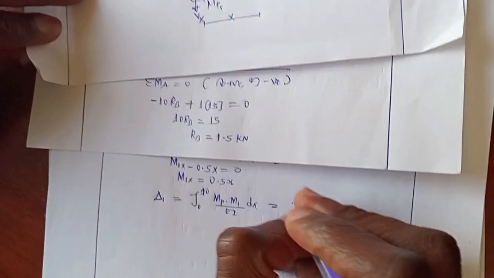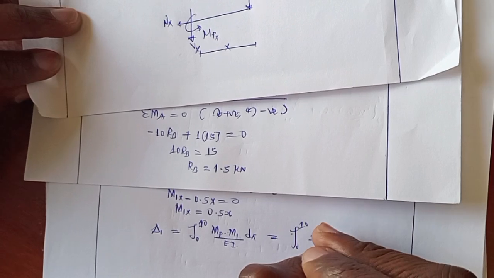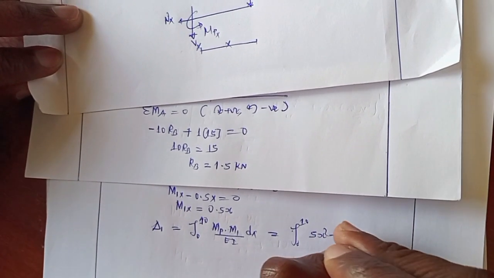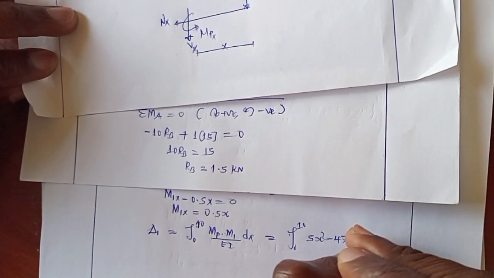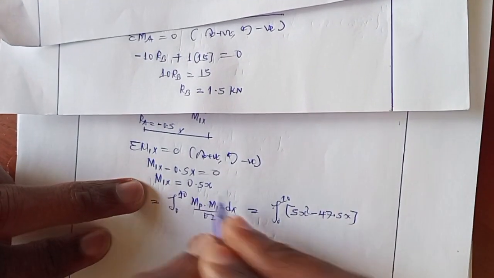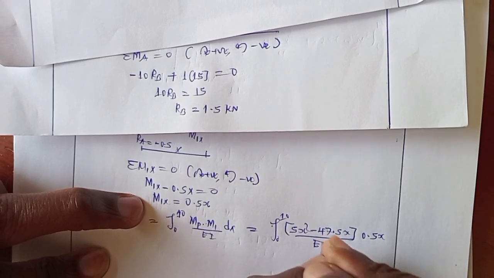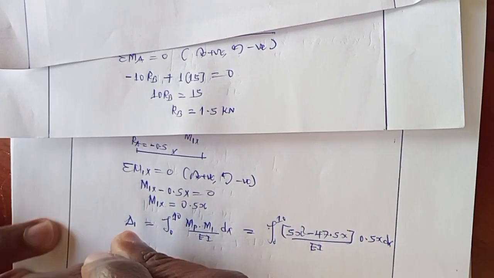It is the integral from 0 to 10 of 5x square minus 47.5x, times moment due to unit load, this one, 0.5x, over EI dx.